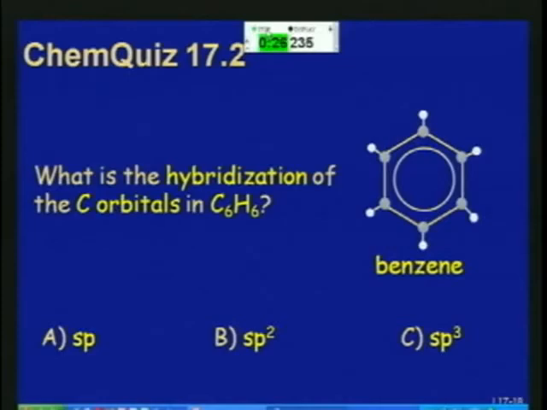Think of the bond angle. Maybe that would help. In order to put a hexagon together, what would be the angle of each of them? Okay? They all have the same angle.